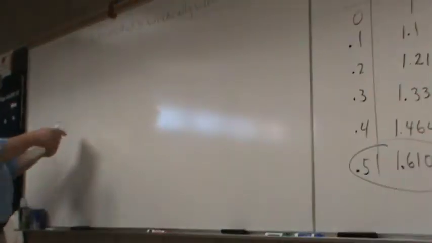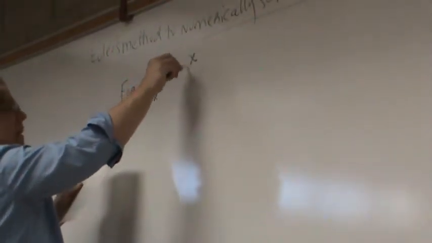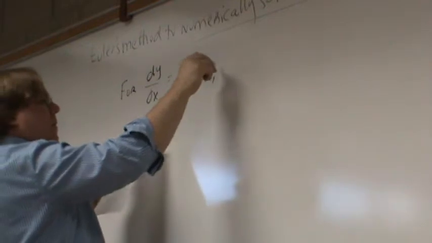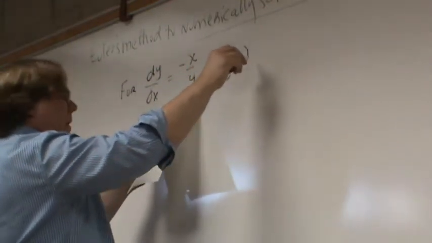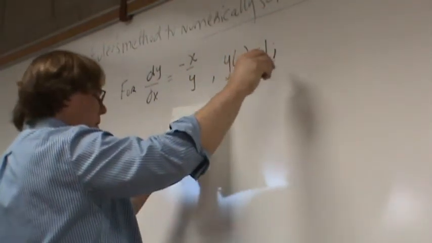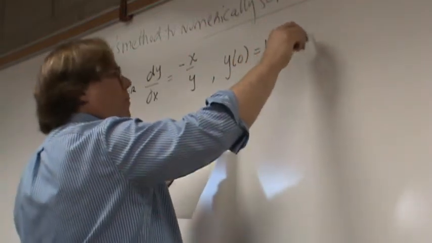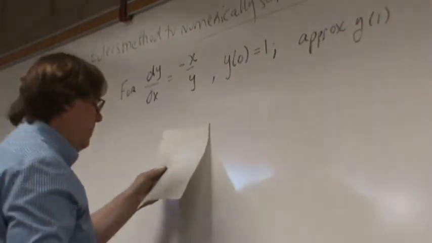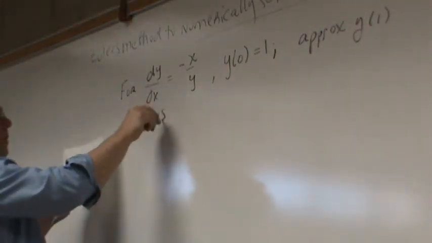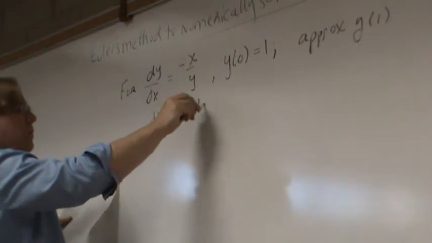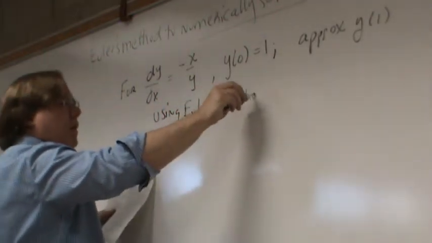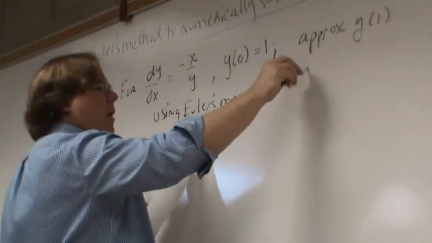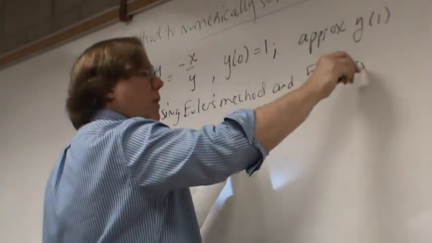Here we go. For the differential equation dy dx equals negative x over y, where y of 0 is equal to 1, approximate y of 1 using Euler's method and 5 intervals.